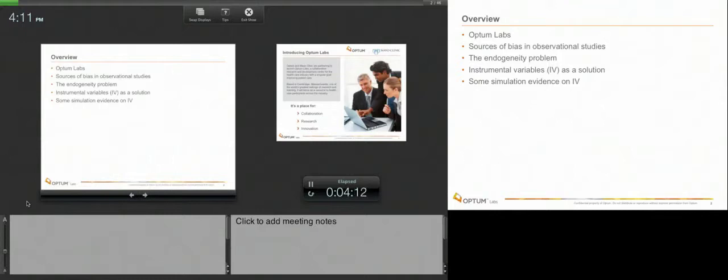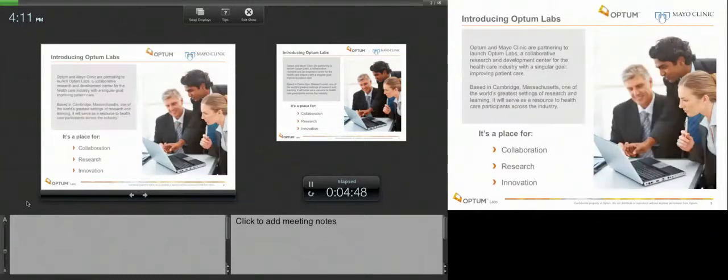But labor economists became concerned about the performance of these methods, and the fact that you actually may do worse using these methods than ignoring the problem altogether. So I'm going to finish up with some simulation work that I did with David Van Ness at the University of Wisconsin and a colleague of mine in the life sciences business at Optum, where we knew what the truth was by design, and then we compared instrumental variables and regression models under various breakdowns and assumptions. I'll show you those results.